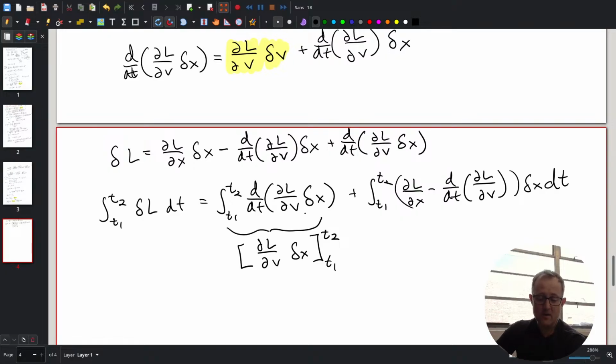So it doesn't matter what's happening to dL/dv and delta x along the integral. It's only at the beginning and end. So this is specifying the boundary: if I know the position at time 1 and time 2, that's okay. Or maybe I know the initial velocity at time 1 and time 2. So it's telling me what the time boundary conditions are.